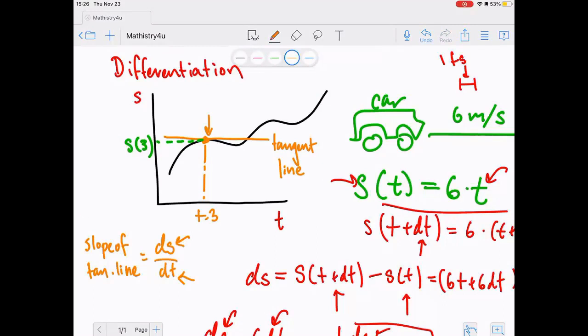In this case, since our graph is wiggly, that ds/dt, that slope of the tangent line, changes. So if I pick this point, the slope of the tangent line would be a little more steep. If I pick this point, it would be steep and negative. If I pick this point, it would be steep and positive. So it just depends on wherever you are. You just find the tangent line and find the slope, and that's the derivative.